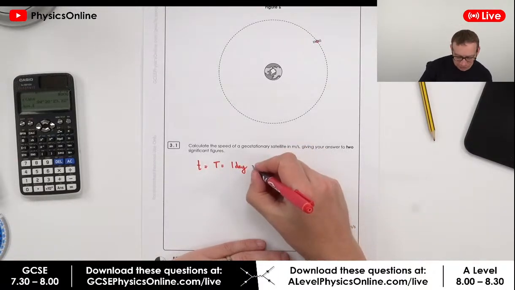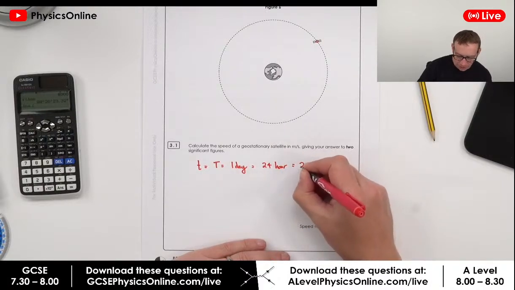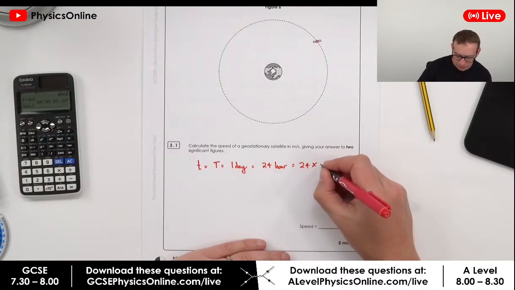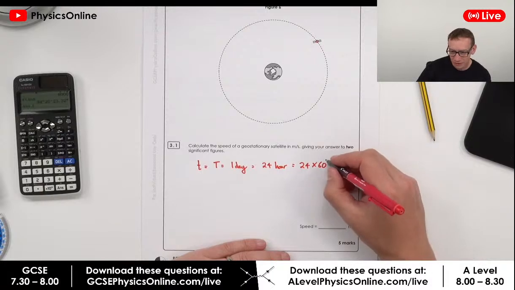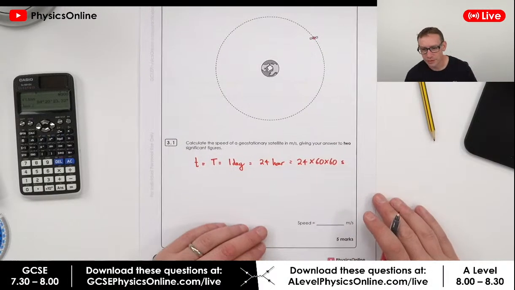Now 1 day is equal to 24 hours, and that's going to be equal to 24 times 60 minutes times 60 seconds. That's going to be the time period.